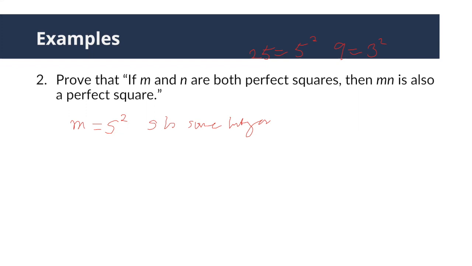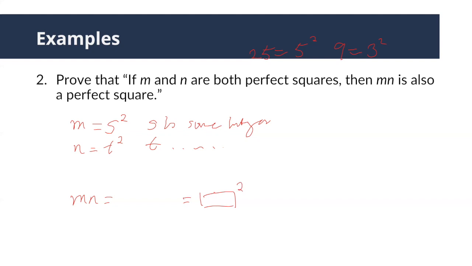Similarly, since n is a perfect square, n can be represented by t squared, where t is some integer. And in order to show mn is also a perfect square, we have to show mn equals some integer squared.